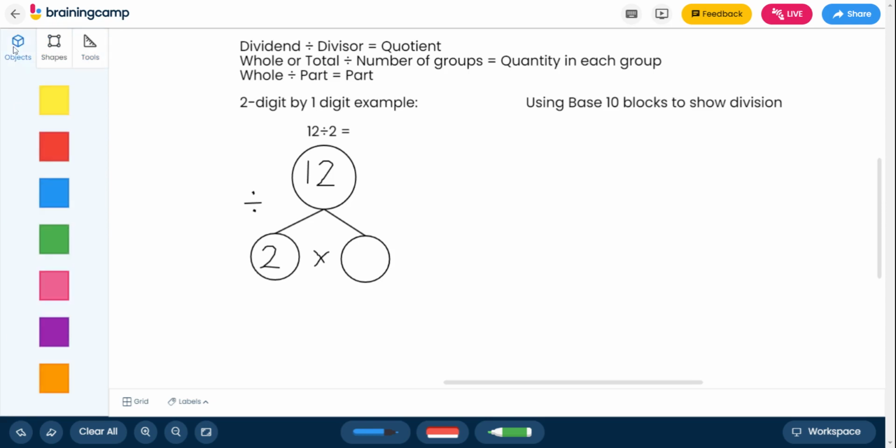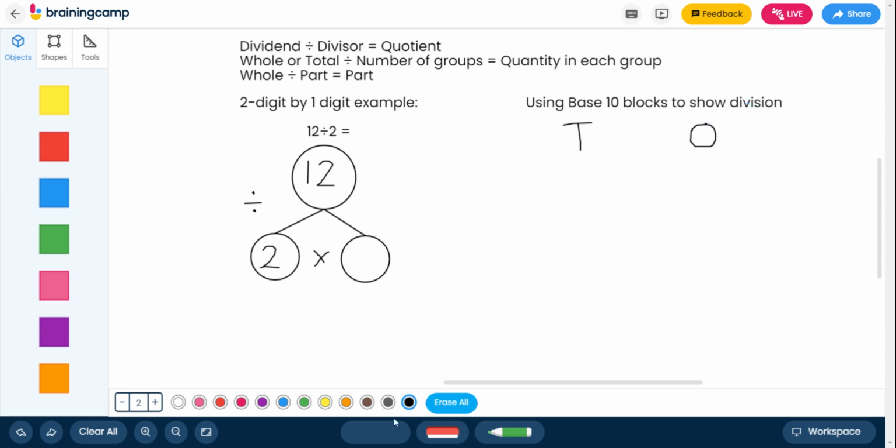Now, in the case that you have to draw this out, we can just simply substitute the blocks itself for a particular color. So let's say I wanted to have my 10 in one color and my ones in another color.